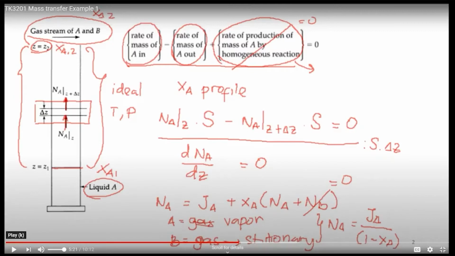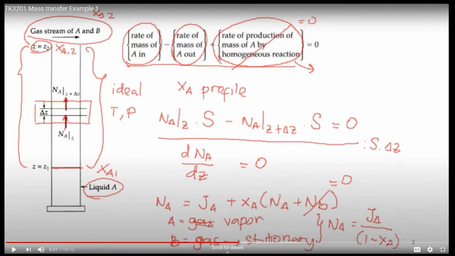My question: any of you confused why I write just S over here? Because in and out have the same surface, ma'am. Correct. In and out have exactly the same surface, so I just write it as S. If you want to write it as pi r squared, it's okay as well.